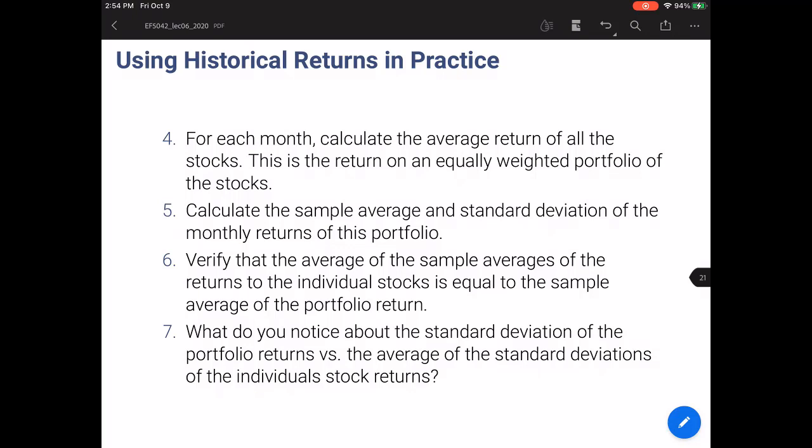And so that's where the risk benefit comes from, from holding these two stocks rather than just holding one of these stocks individually. If there's imperfect correlation between stocks, there is going to be a risk benefit from adding additional stocks to your portfolio. That's the kind of insight this exercise is trying to bring to the table.